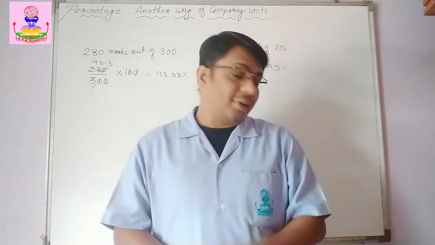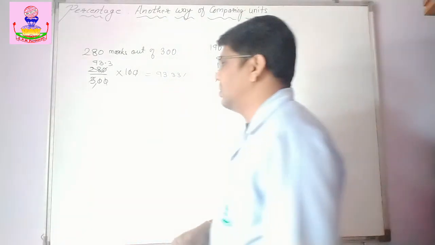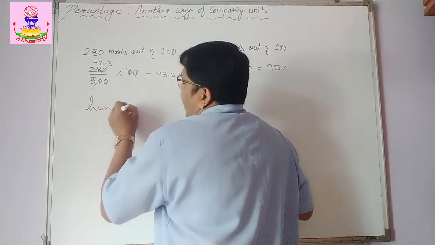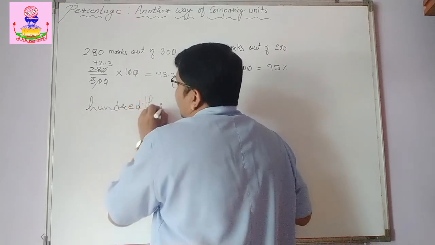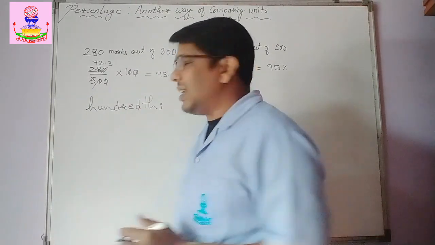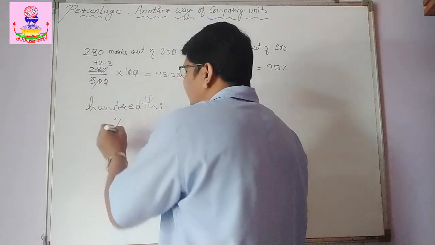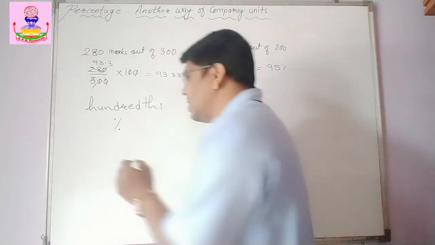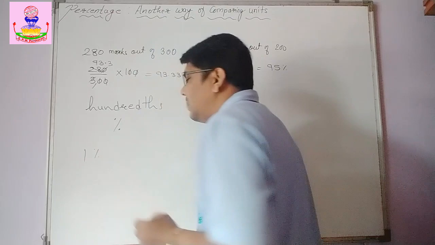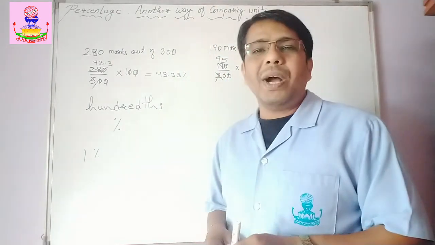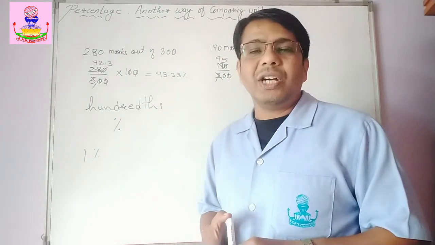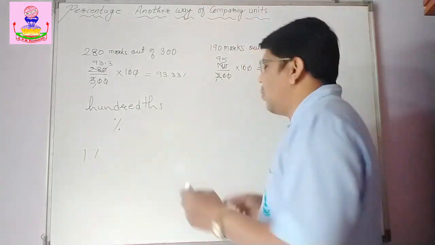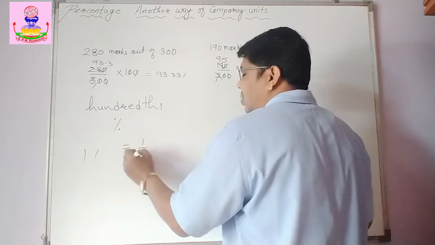It is also referred to as hundredths, and it is denoted by the percentage symbol, you know this. 1% means what? 1 out of 100, or 100th.